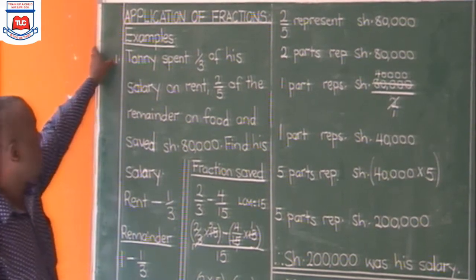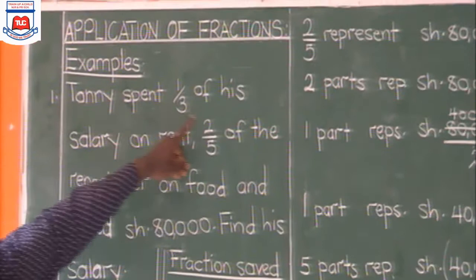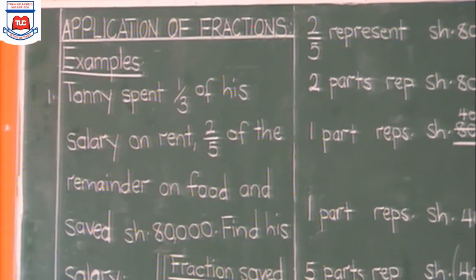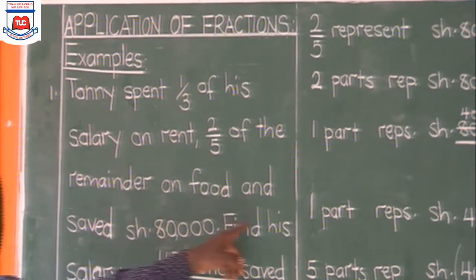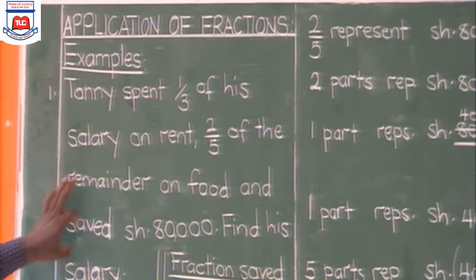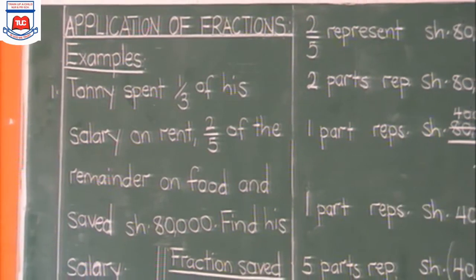Example number 1 says, Tony spent a third of his salary on rent, 2/5 of the remainder on food, and saved 80,000 shillings. Find his salary.